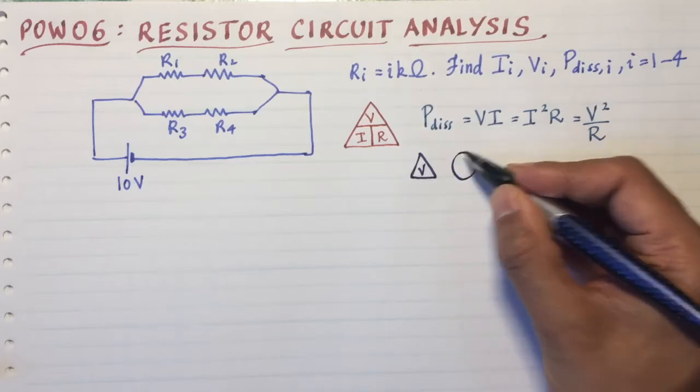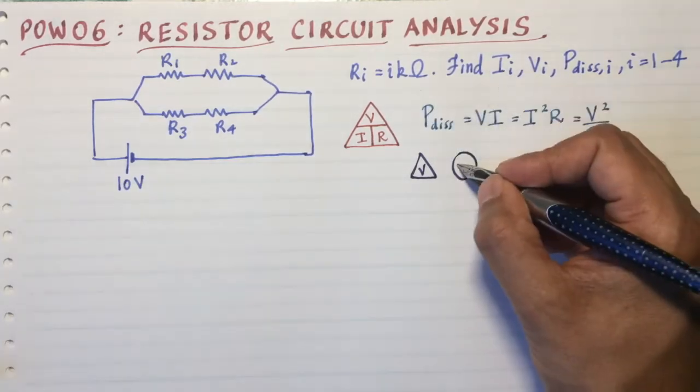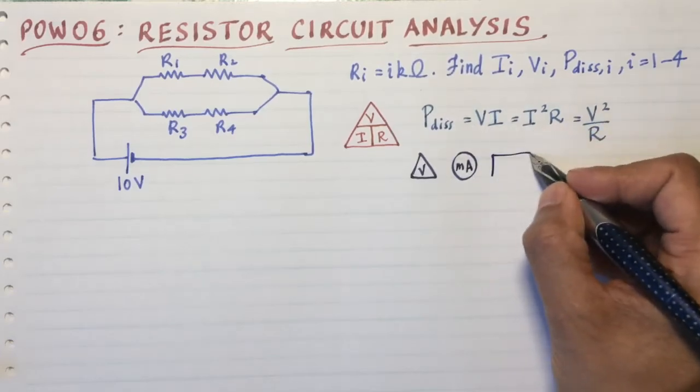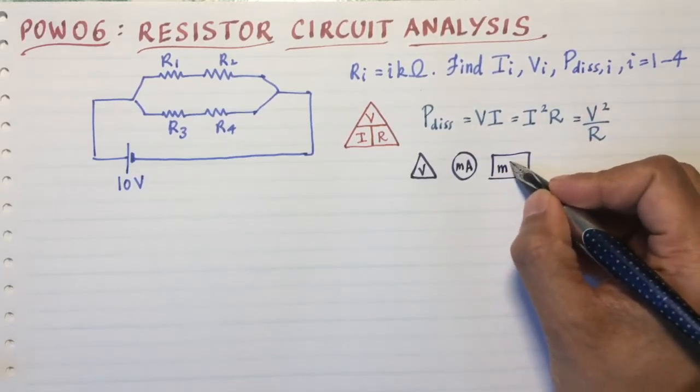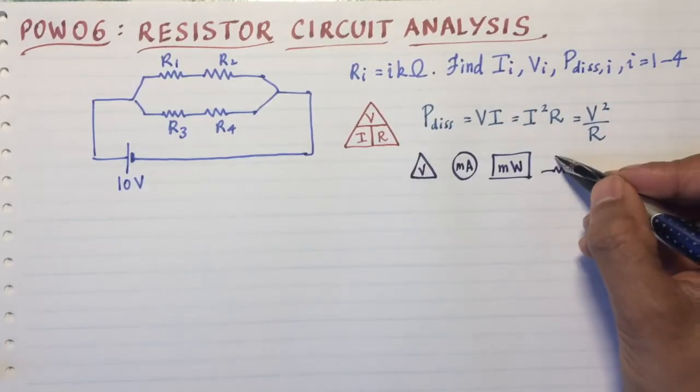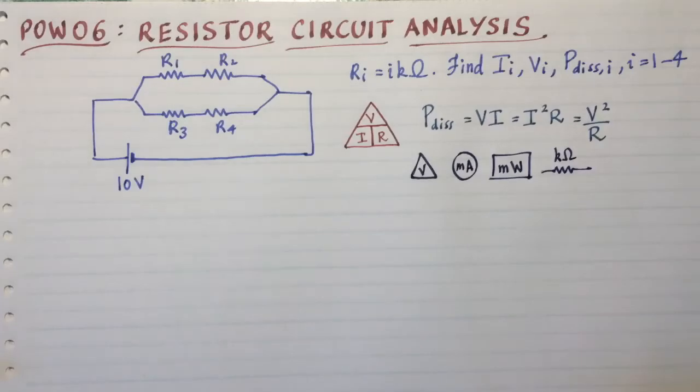Because the resistance is in kilo ohms, we can expect the current to be in milliamperes, the power dissipated to be in milliwatts, and the resistances themselves we'll write simply as numbers. It's understood that if you write them as numbers, the resistances are in kilo ohms. Having this sort of convention keeps us from worrying about units and focus on the circuit analysis instead.